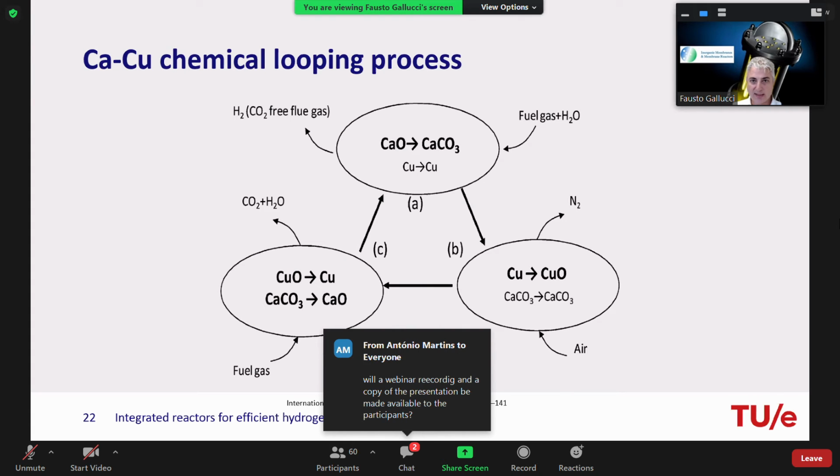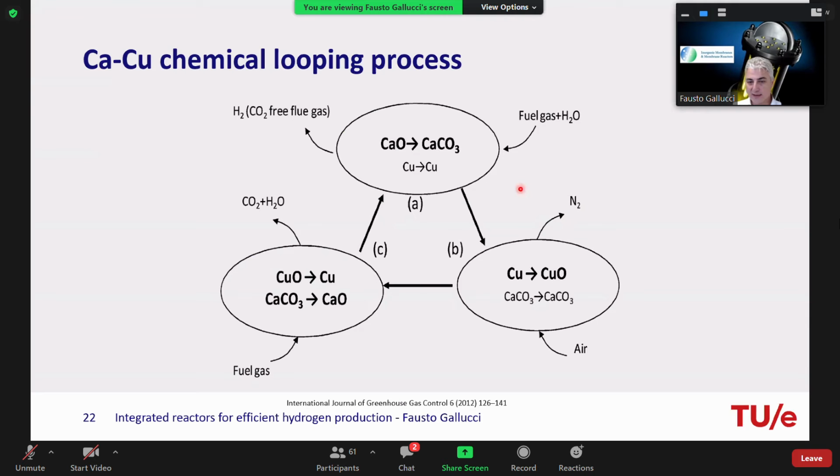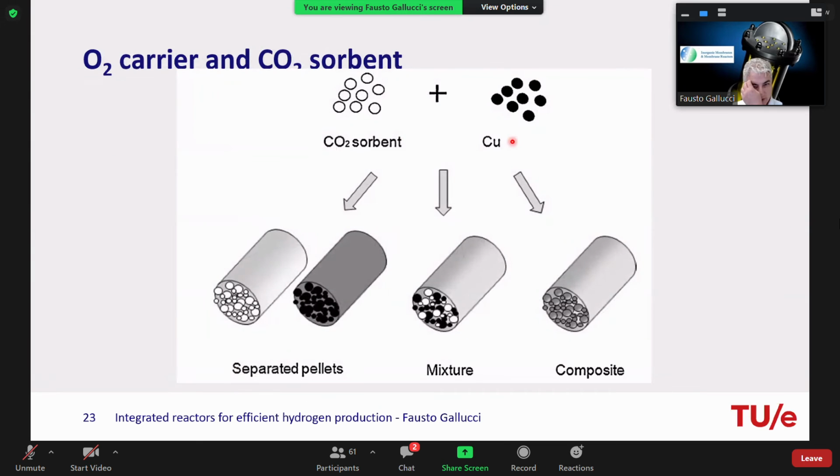Now, this is a nice process that was developed by our colleagues in Spain, Abanades in particular, and we worked together in a project to demonstrate this concept. Of course, you have sorbent, you have copper. In the project, we worked on sorbent development, copper development, and also on the integration of the two. And in particular, in our group, we worked on the reactors and the demonstrator.